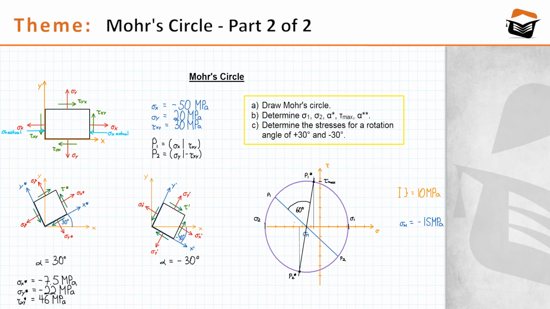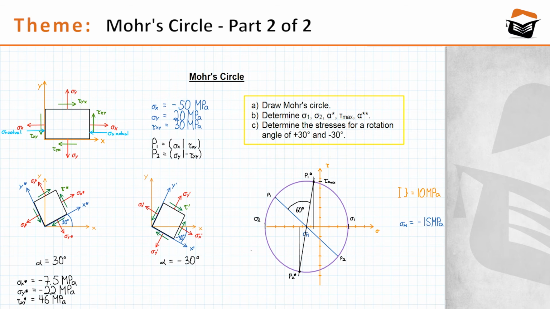And then you just read out the position of the coordinates and you write down the corresponding stress values for a rotation angle of 30 degrees counterclockwise to the initial x-axis. In the next step, we will perform the calculation for a rotation angle of minus 30 degrees.